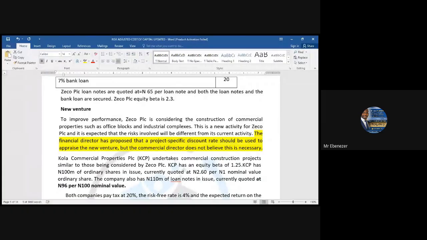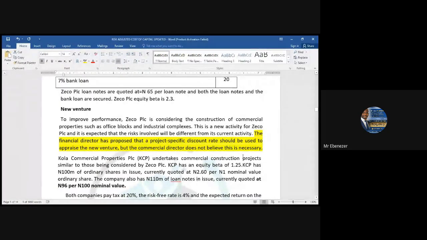Of course, it's construction of properties. They have to go and check a similar company that is into construction of properties as a proxy company. They want to know the business risk of that particular sector they are diversifying into.